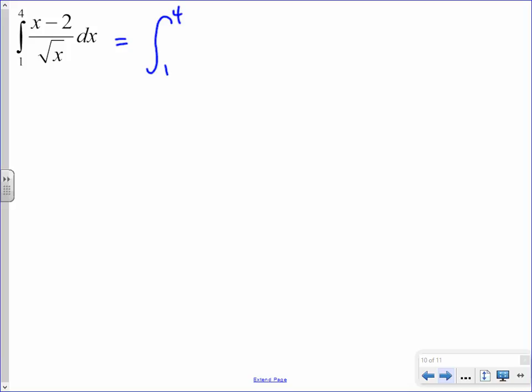Okay, so if we split it up, how would we rewrite it? 1 minus 1 half. So x to the 1/2 minus 2x to the negative 1/2.